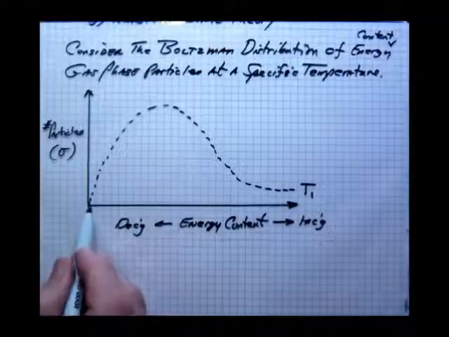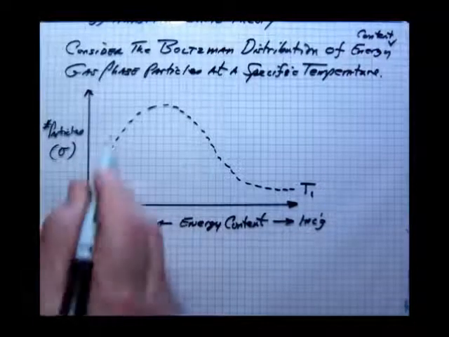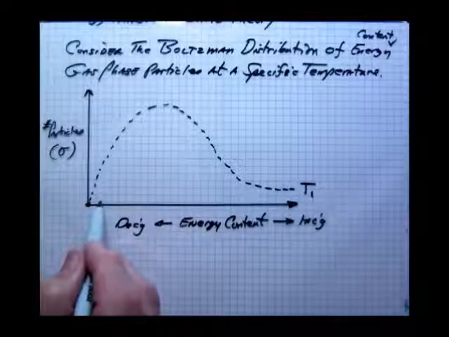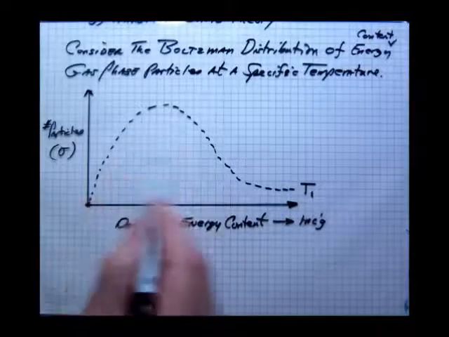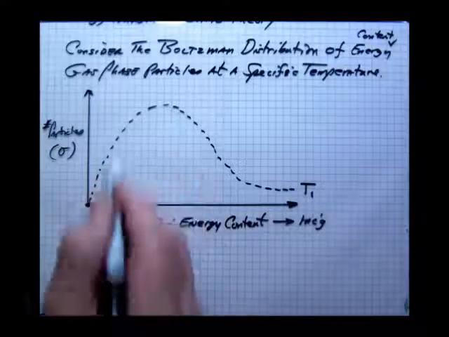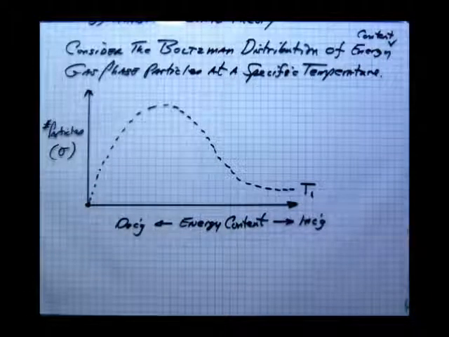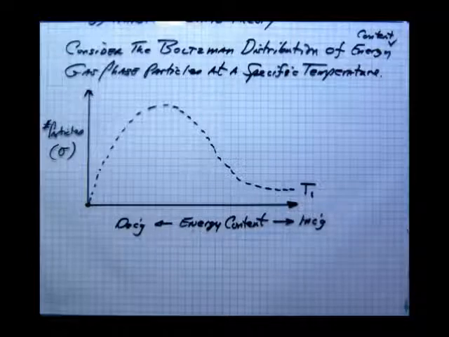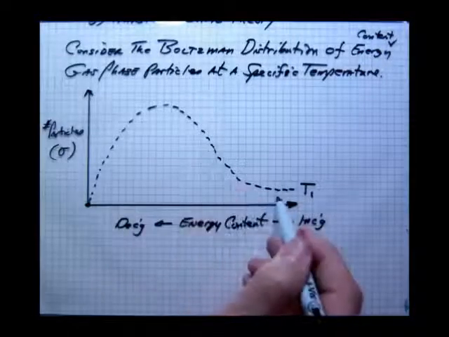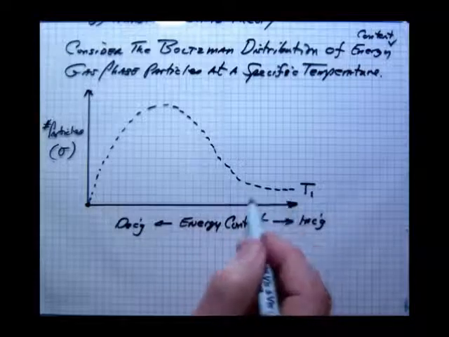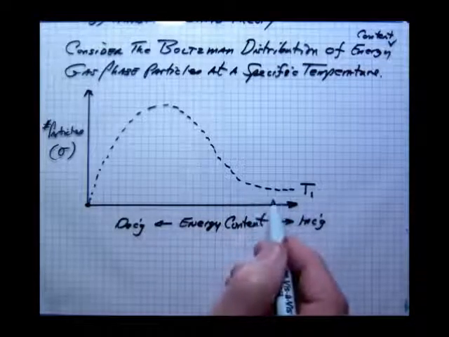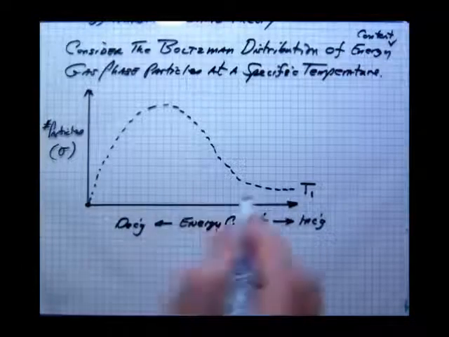Some of the particles have very, very low energies under the curve. Most of the particles, you see the distribution, are in the middle of the curve, the median region of the curve, the average area. And very few particles are out here in this region for a massive collection of particles.